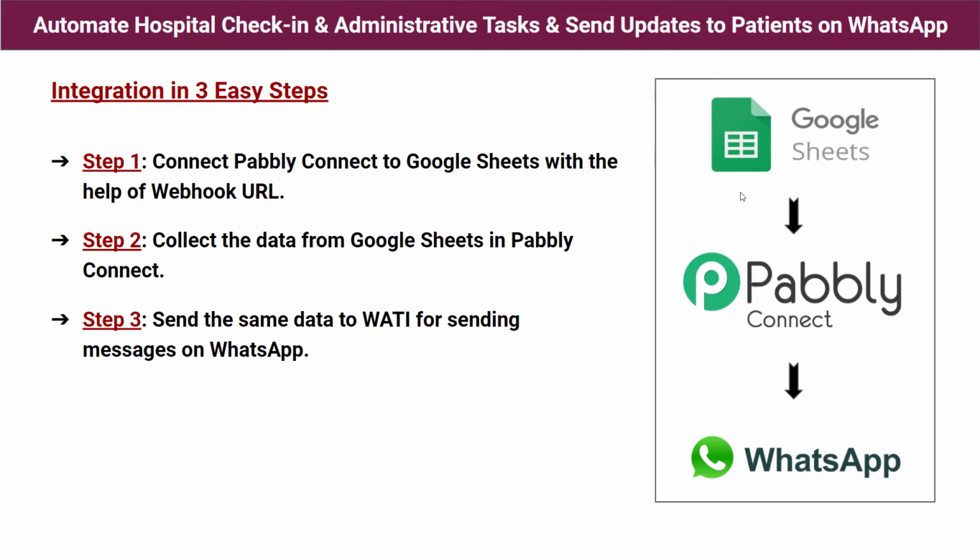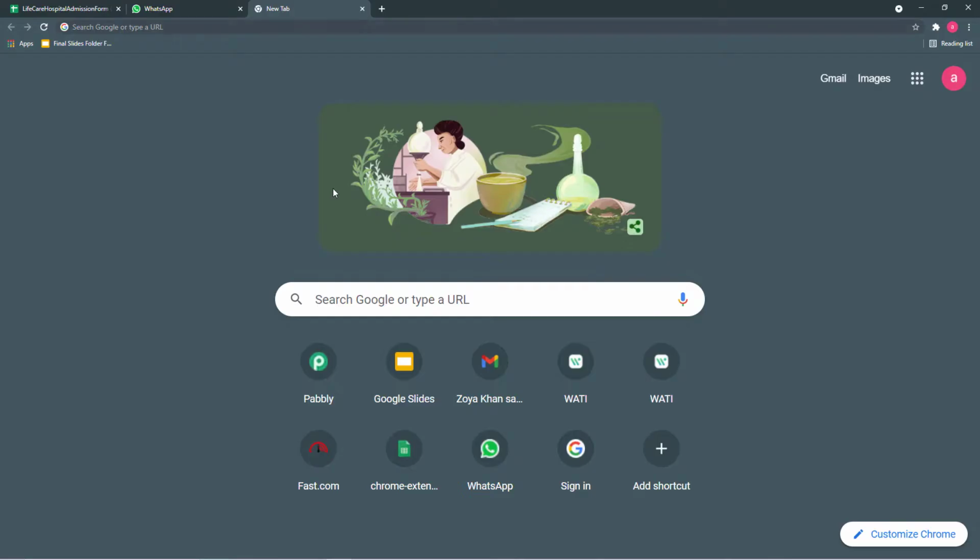Step 3 is send the same data to Vati for sending messages on WhatsApp. At the last step, we are going to send messages on WhatsApp by using another application called Vati. I'll tell you what Vati is later on in this video. First of all, let's switch back to our step 1 and open Pabbly Connect.